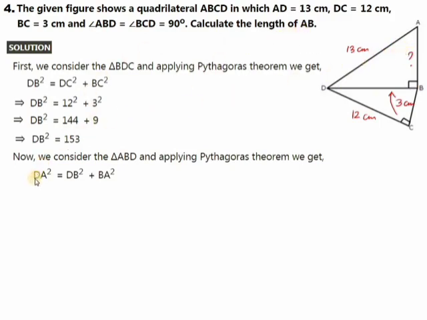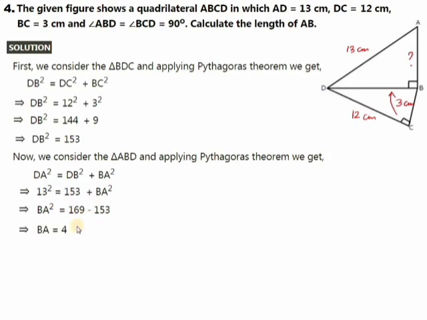Now, DA or AD is given to be 13. So we have 13 square equals DB square, which we got to be 153, plus BA square, which is kept as it is as we don't know BA. 13 square is 169, bring this out here, you get minus 153.